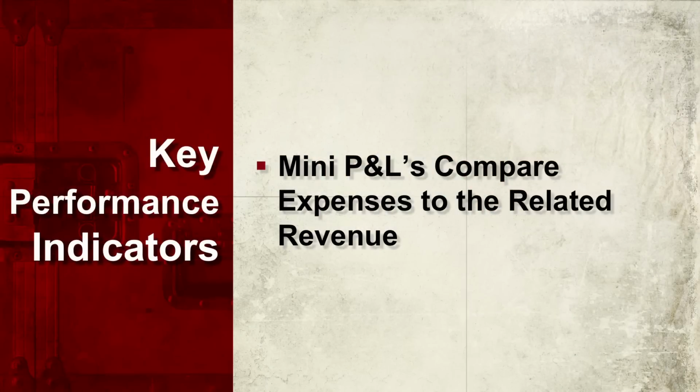Now, you may not have travel or logistics on every single job, so getting a key performance indicator may not make sense, but we may have another way of doing that in the mini P&L. A mini P&L KPI is when we take something like travel expense and compare it to travel revenue. So if the top of my P&L is the revenue side, what I charge for travel, the cost of goods sold side is what I spent for that travel.